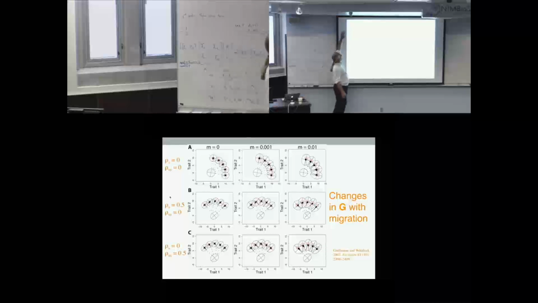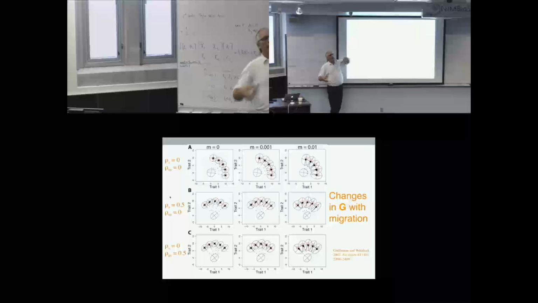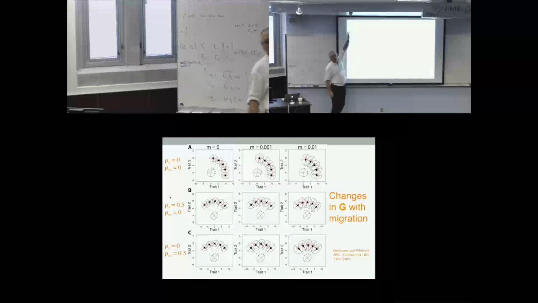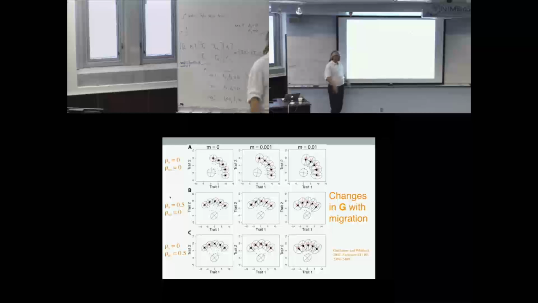The different rows vary in other sources of correlation between traits. Okay, so row S is the correlation in selection between the traits, which is something like Steve's gamma 1, 2. Row M is the mutational correlation of the traits.